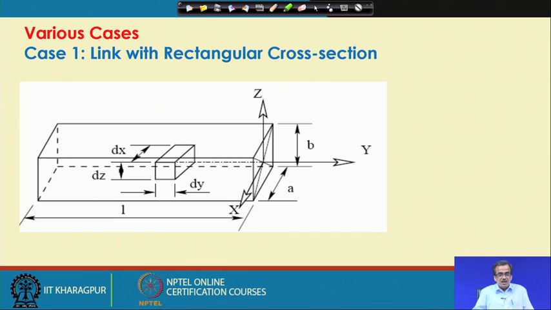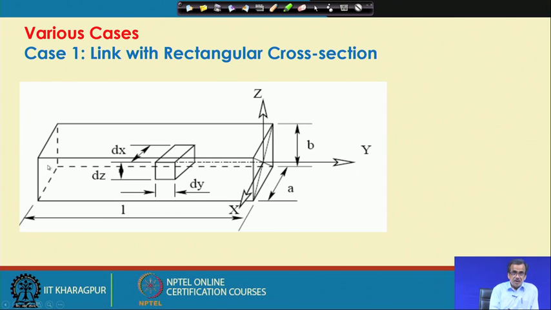Like the different types of links we can consider. For example, say I consider a robotic link with rectangular cross section. Very easily we can find out the expression of this inertia tensor. Now, let me consider one robotic link with rectangular cross section.